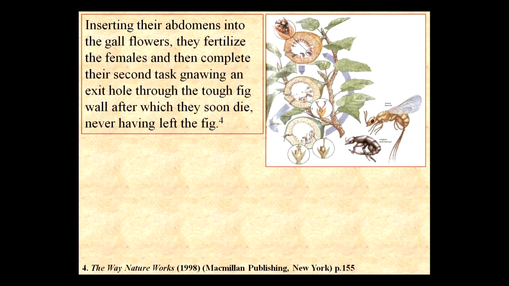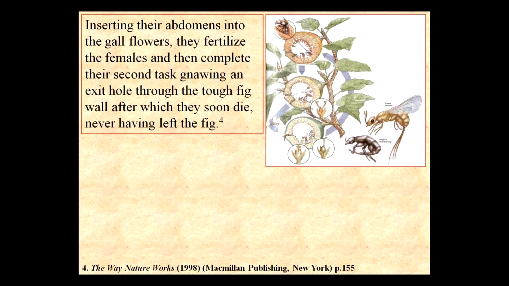They only have two jobs to do. Just to spray, and all the females around get fertilized. And then they have another job. They fertilize the females, all in pitch black, and then complete their second task, gnawing an exit hole through the tough fig wall. The fig wall has now become tough. Days and weeks have passed.